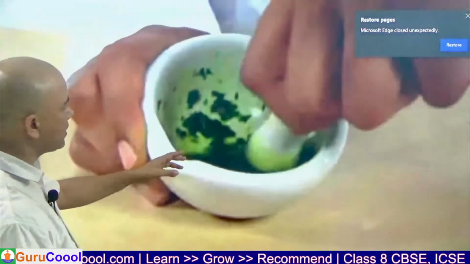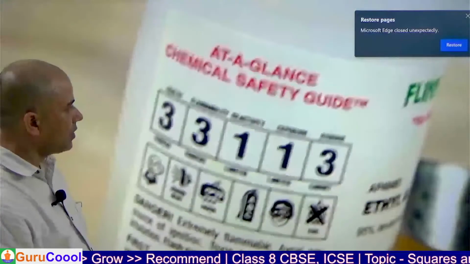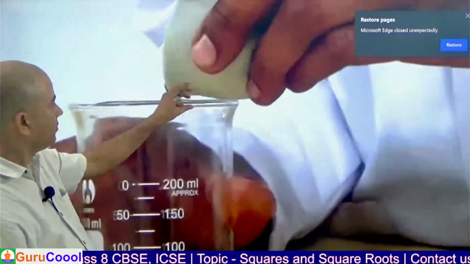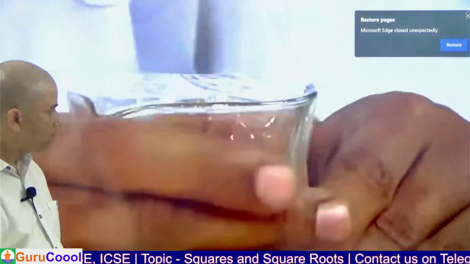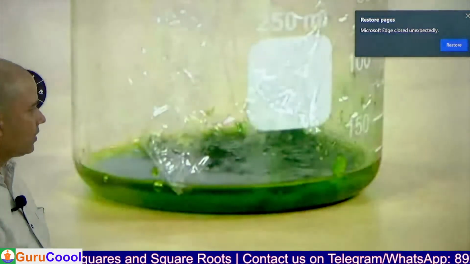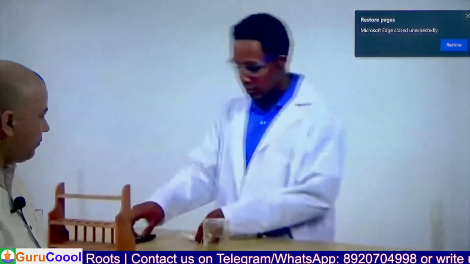The person has taken some green leaves and is mashing them inside a mortar. He has prepared a paste of it, the green paste of the leaf.